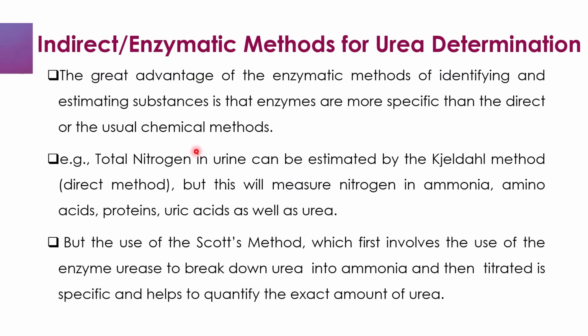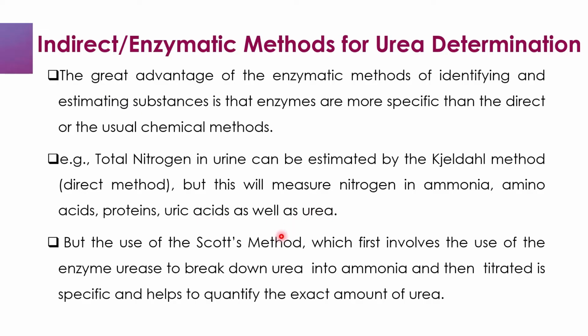The great advantage of the enzymatic method of identifying and estimating substances is that enzymes are more specific than the direct or the usual chemical method. For example, the total nitrogen in urine can be estimated by the Kjeldahl method, which is a direct method, but this will measure nitrogen in ammonia, amino acids, proteins, uric acid, as well as urea.